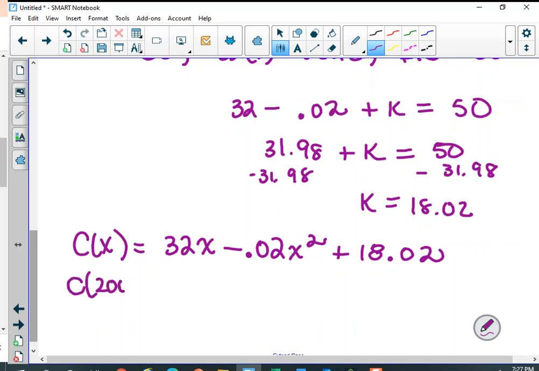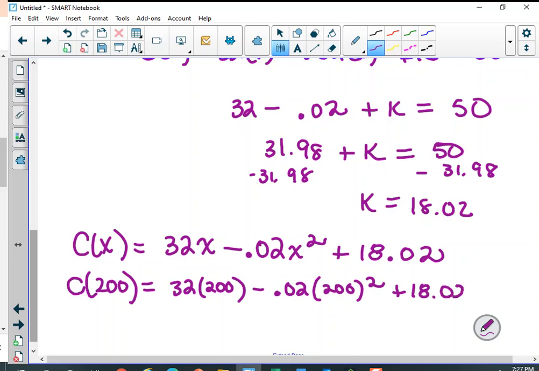So if I want to know the cost of 200 items, I substitute 200 in for x. I'm going to write that down, but then I'm going to grab my calculator and crunch those numbers, which I have done ahead of time, and I'm going to get $5,618.02.